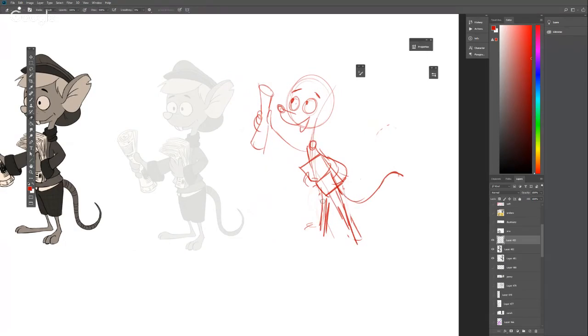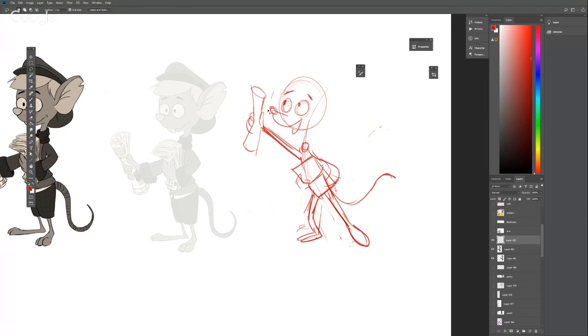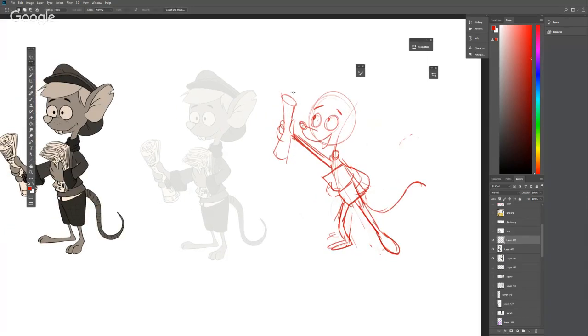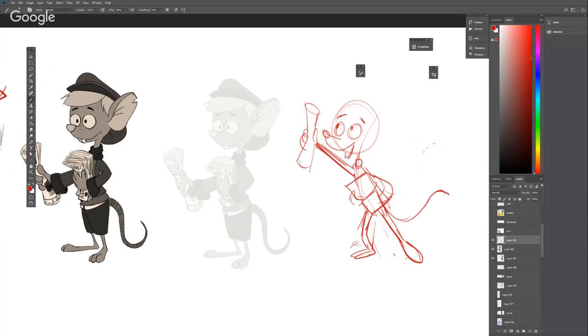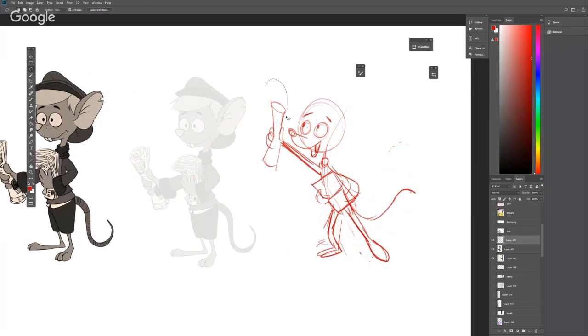Oh yeah, maybe it's slightly bent, and this leg is stretched like this. Then let's also stretch this arm. So then he's saying, hey, buy my newspaper. Something.